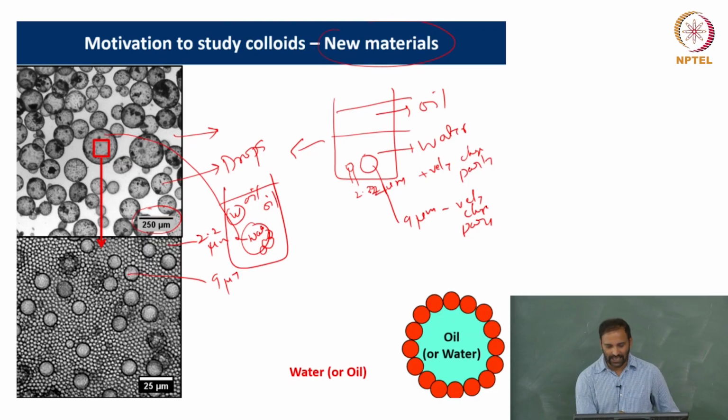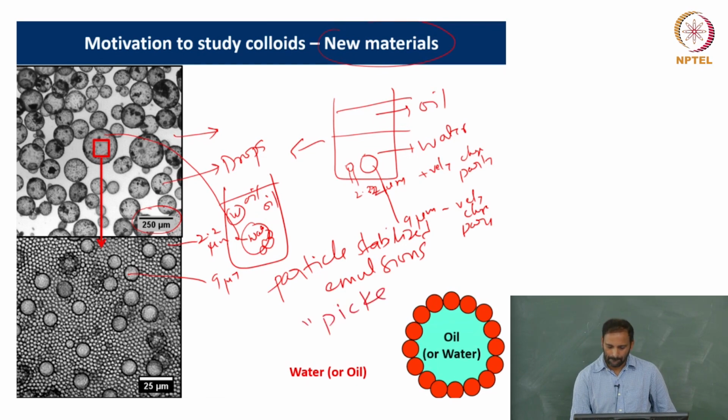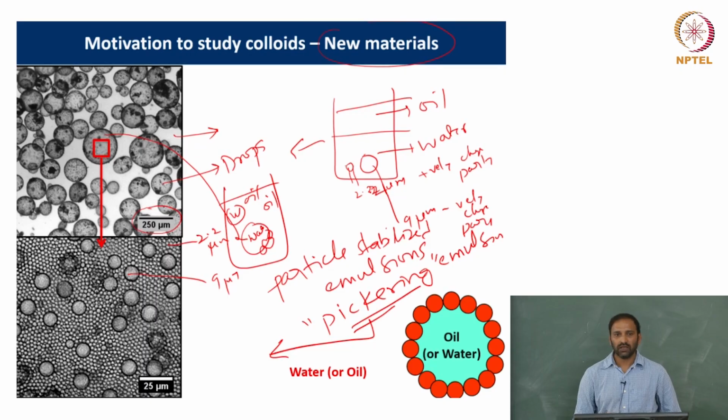So, this is an example of what are called particle stabilized emulsions, also called Pickering emulsions. Pickering, because Pickering was a scientist who found this for the first time in the 1900s.